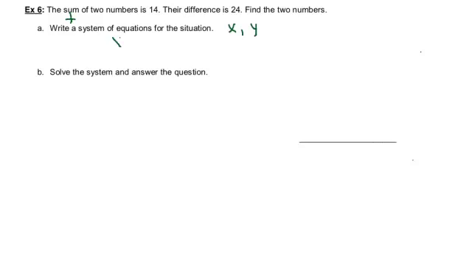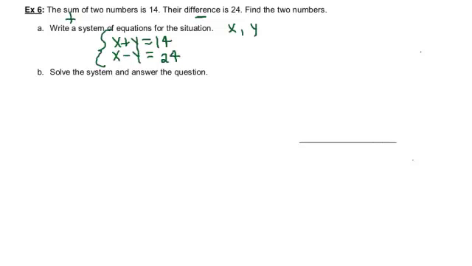So if we add these two numbers together, we know that it's going to be equal to 14. The second part says the difference. We know that that means subtraction. So we know if we subtract these two numbers, it's 24. So x minus y equals 24.